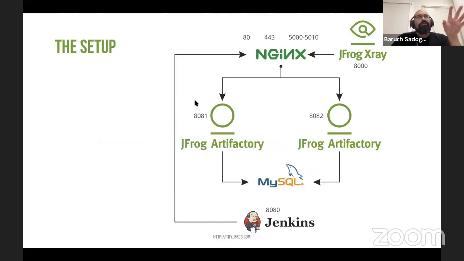So what you have is this kind of environment. You see here you have 2 Artifactory instances which run in highly available mode, and they are exposed on port 80, and that's the entry point. There is an X-Ray environment connected to that on port 8000, and there is another Jenkins server that we will use on port 8080.